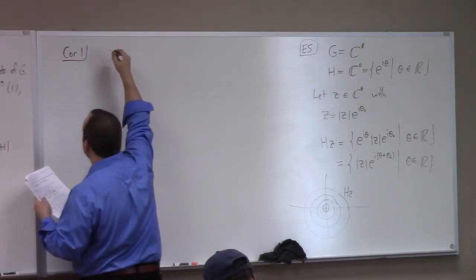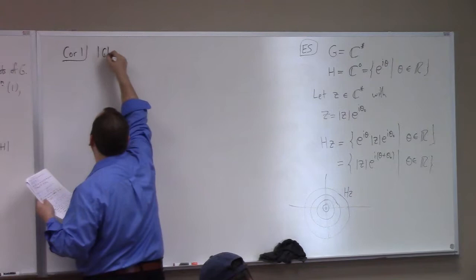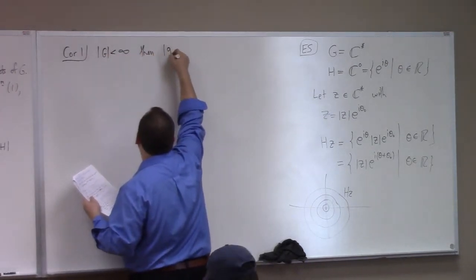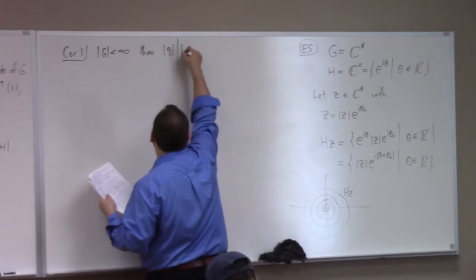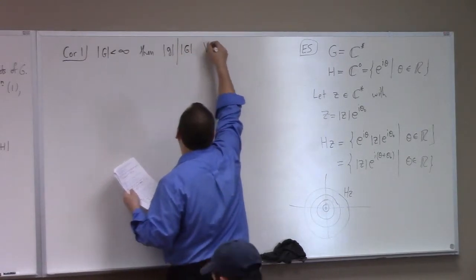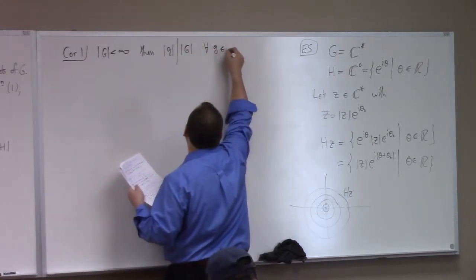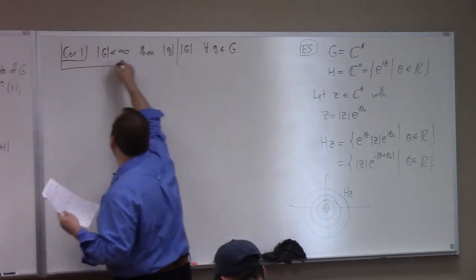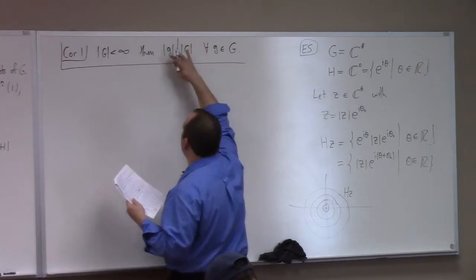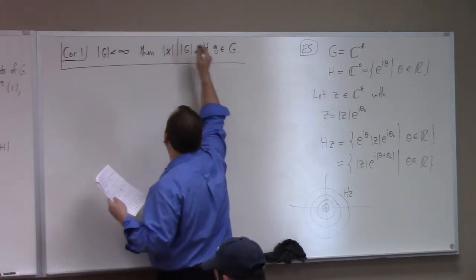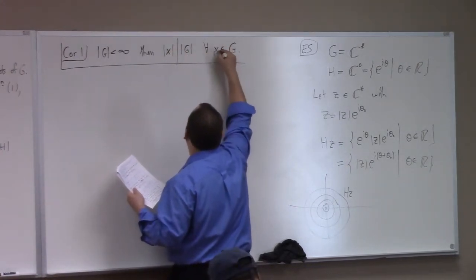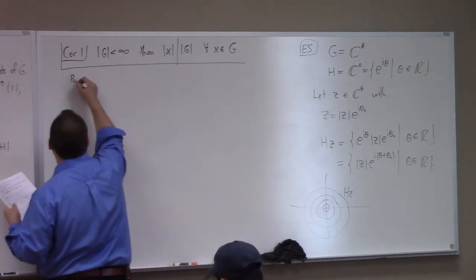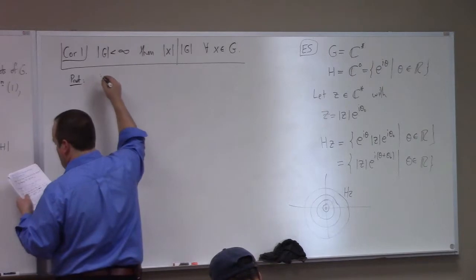So corollary 1 simply says that if the order of G is less than infinity, then the order of x divides the order of G for all x in G. Too many G's. Oh well, it's too late. I should really use x or something here. Is this better? x. See, there you go. Proof is just what was said.